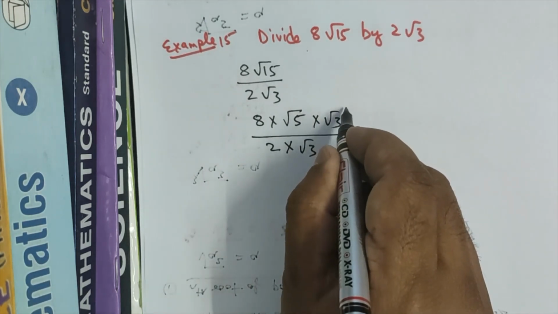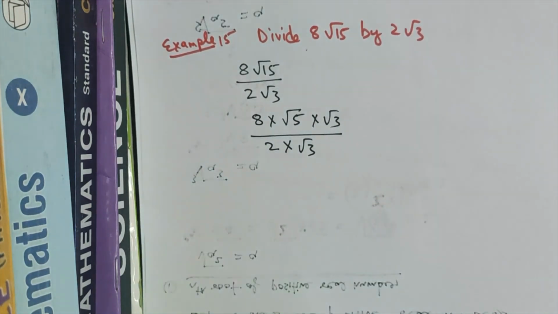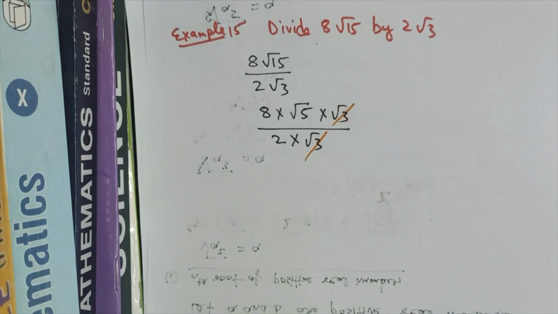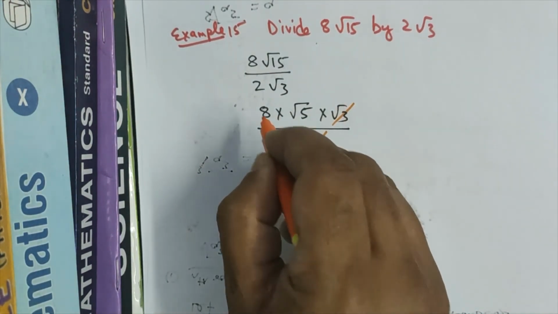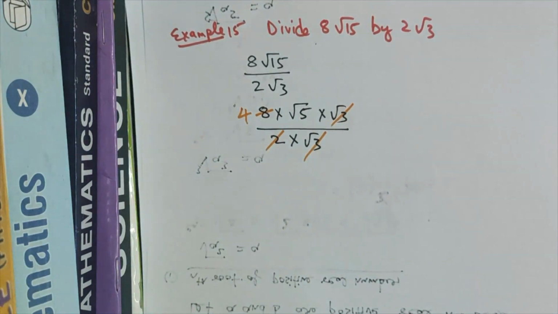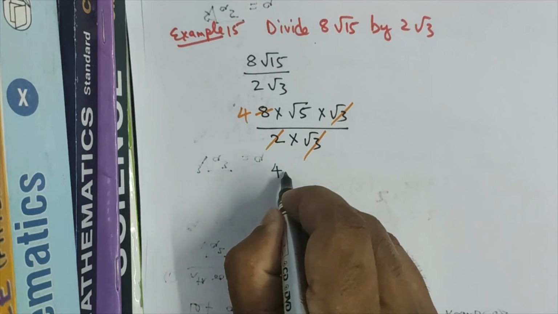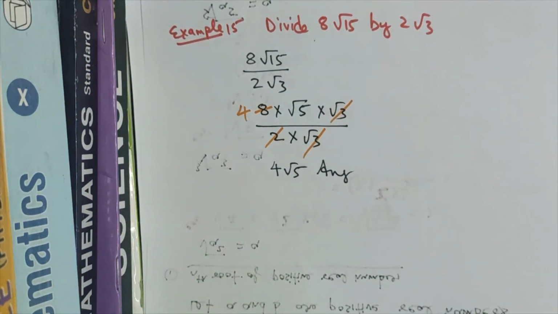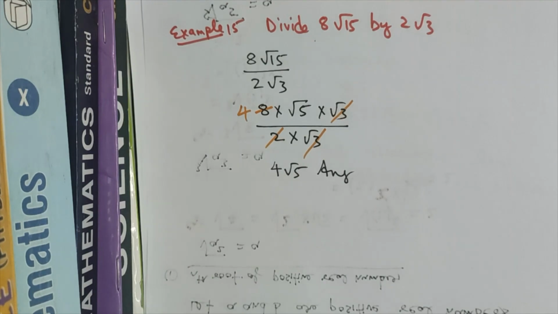This root 3 and root 3 will be cancelled out. So we can cancel this root 3 and root 3. And 2 fours are 8. So we get the answer 4 root 5. So 4 root 5 is the answer.